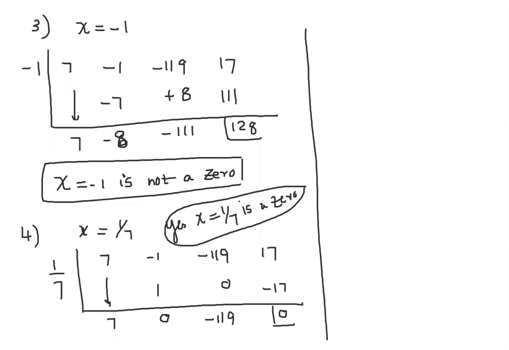So by factor theorem, this was part 5. By factor theorem, x minus 1/7 is a factor, right?